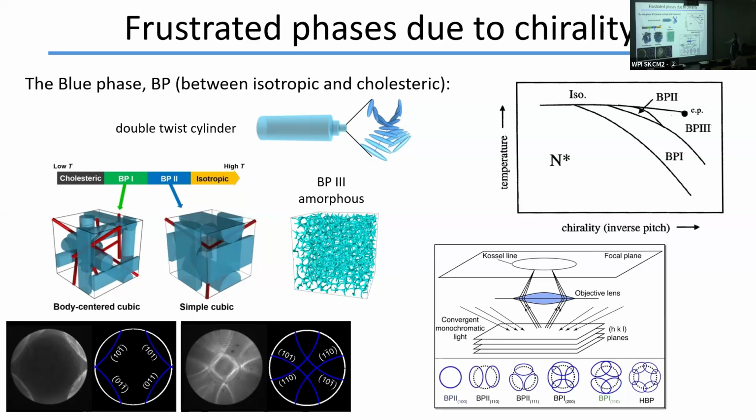If you make your system highly chiral, then you can observe blue phase 3, and you make it less chiral, you come to blue phase 2, less chiral, you come to blue phase 1. Or you can do the same thing by changing temperature. You can also get different blue phases by changing the temperature.